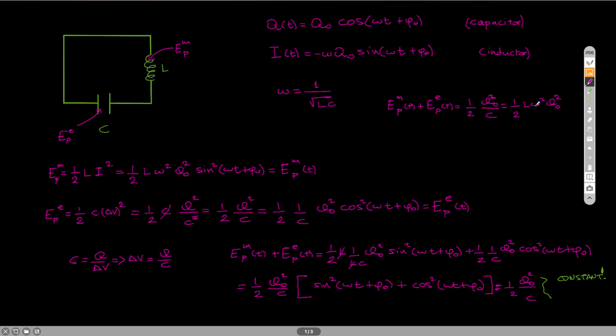And I can do that simply by saying omega squared is 1 over LC. So those two are equal.